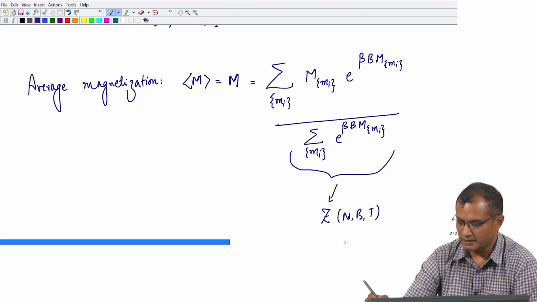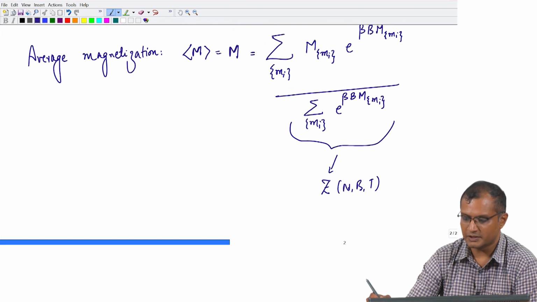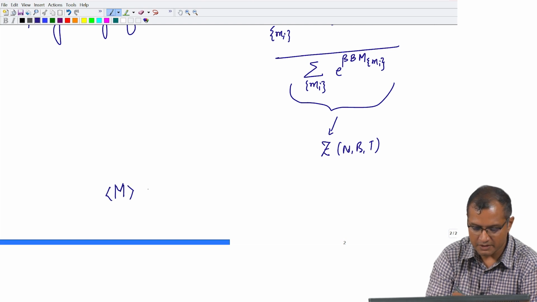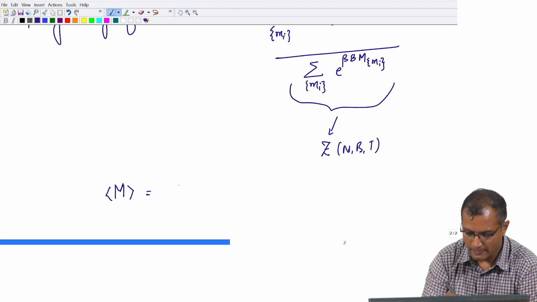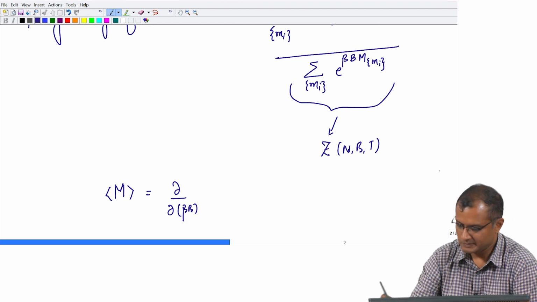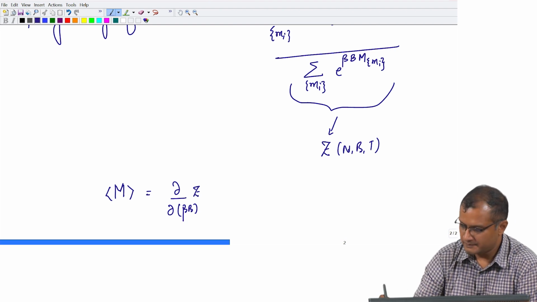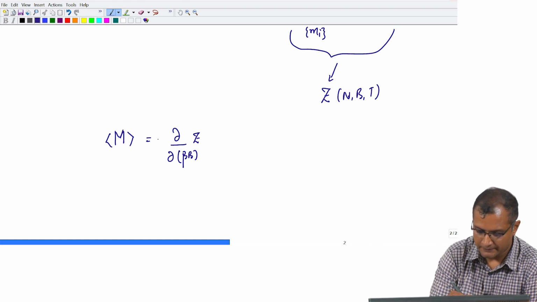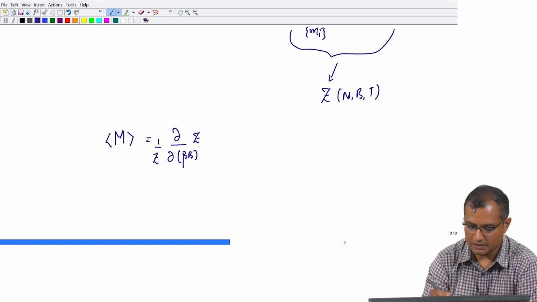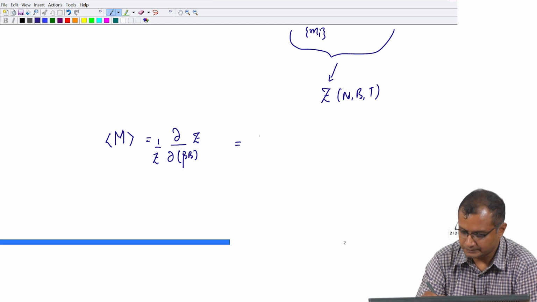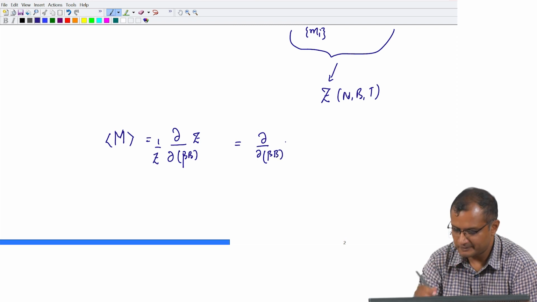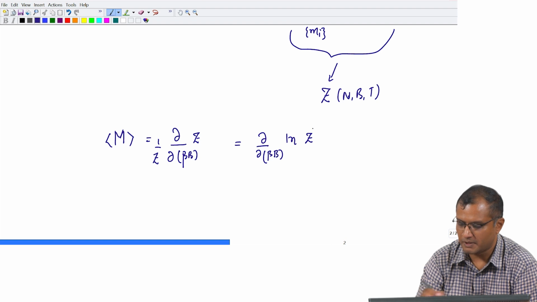Okay. So, just to extract the magnetization here in the numerator, I can write down the average magnetization as nothing but d over d beta b of the partition function divided by the partition function, which is my denominator, and this is nothing but d over d beta b of the natural logarithm of the partition function.